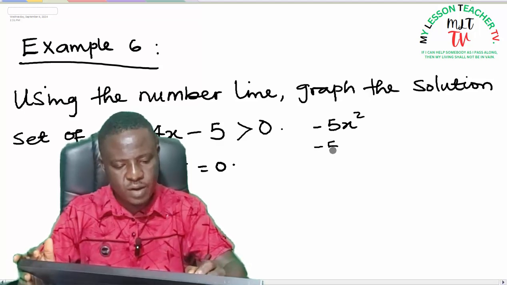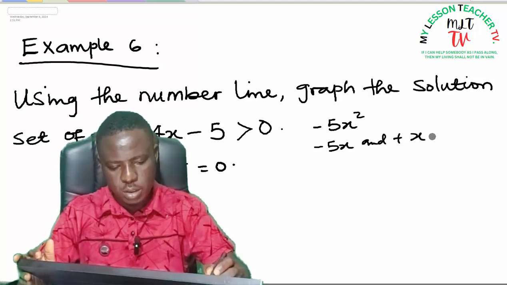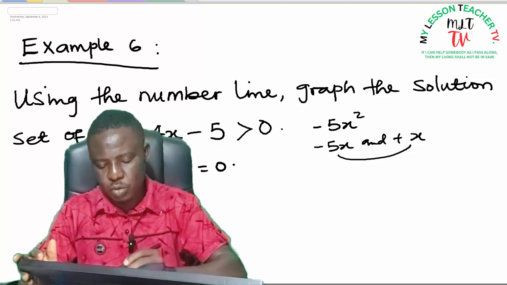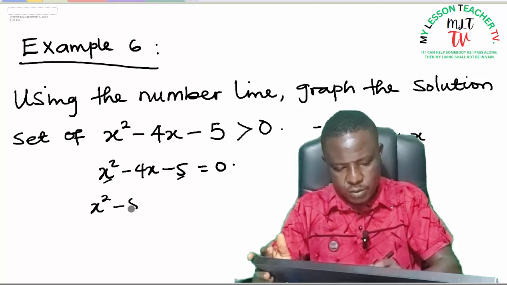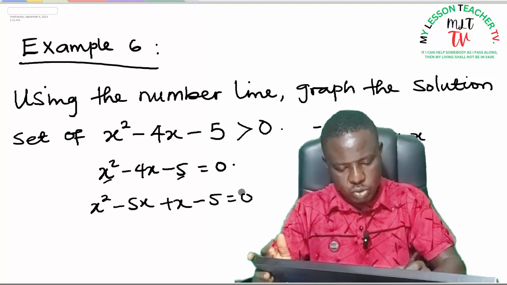This should be minus 5x and plus 1x. Yes. So I'm going to substitute this for what we have in the middle term. So this becomes x squared minus 5x plus x minus 5 is equal to 0.